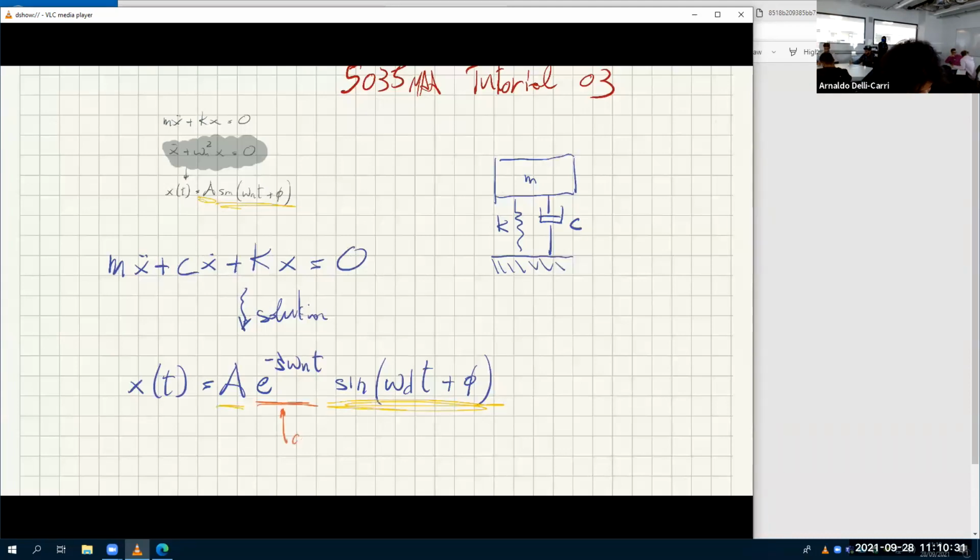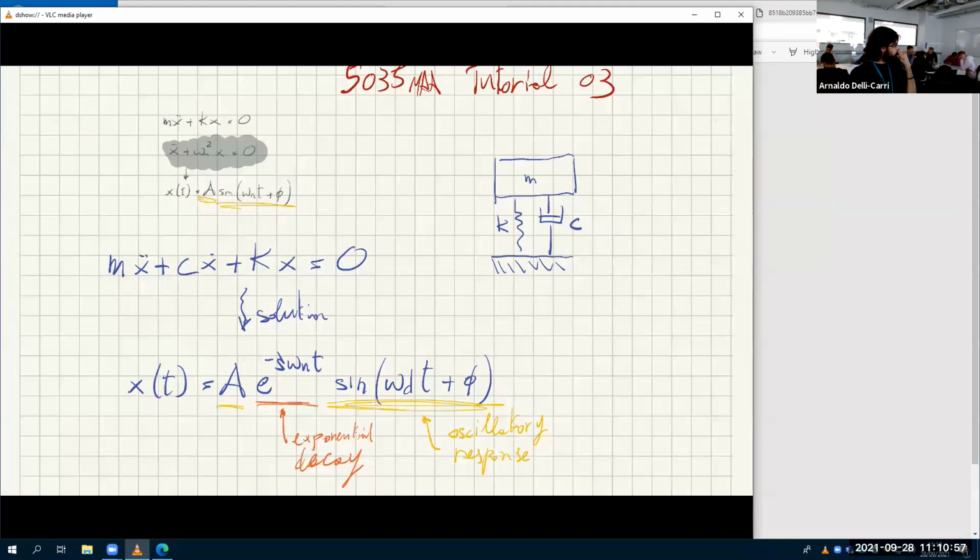Well, let's call it exponential decay, because that's what it is. And of course, this term is the oscillatory response. So you have a continuously oscillatory response that decays in time exponentially.